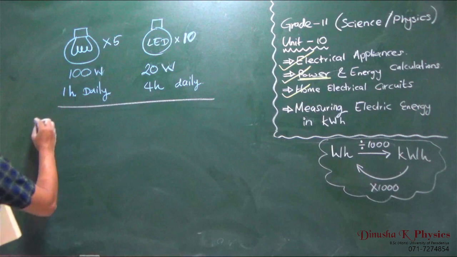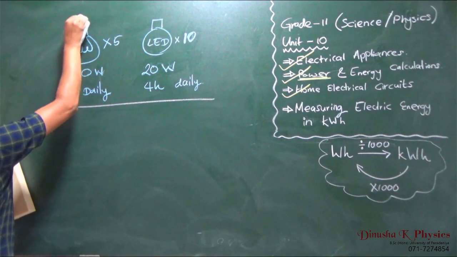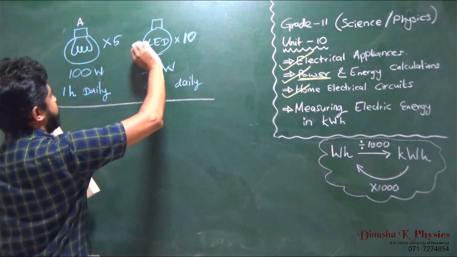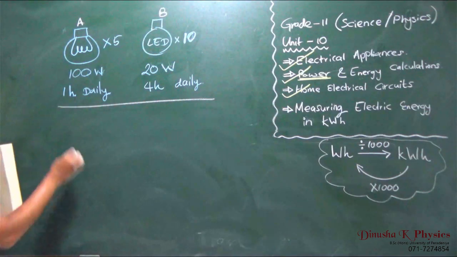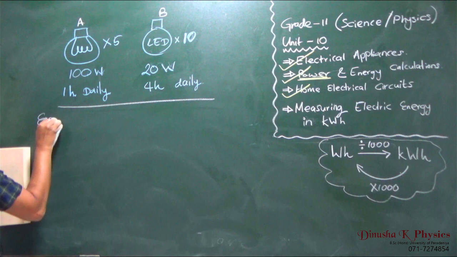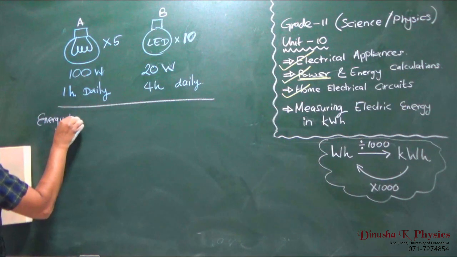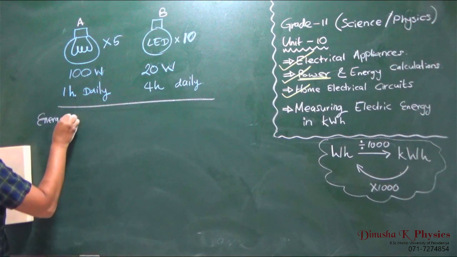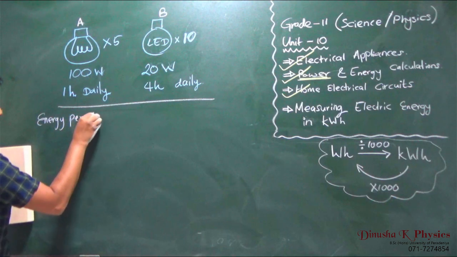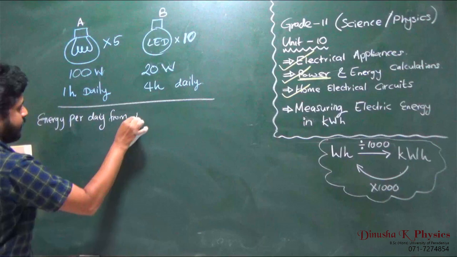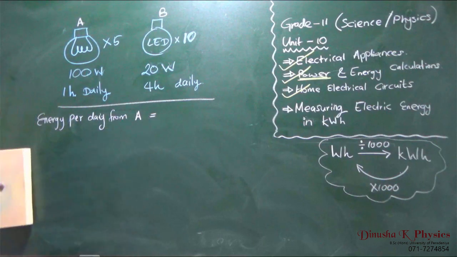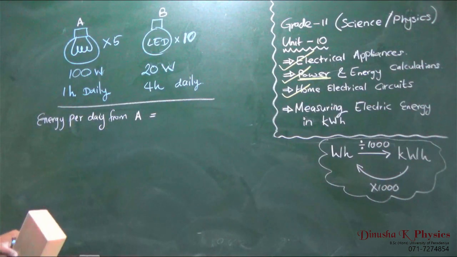Okay. So I will take the similar steps. I will label this as A and this as B. And energy per day from A bulbs වලින් කොච්චරක් එනවද කියන එක.